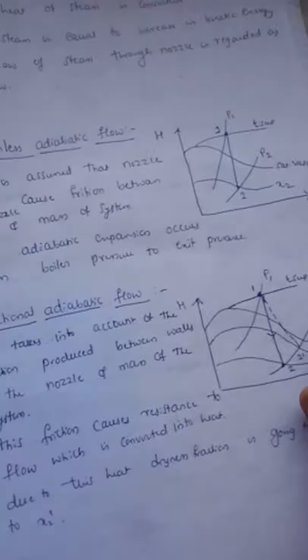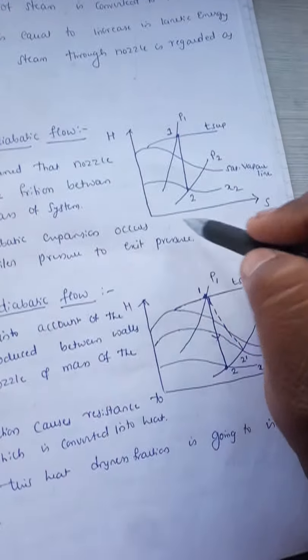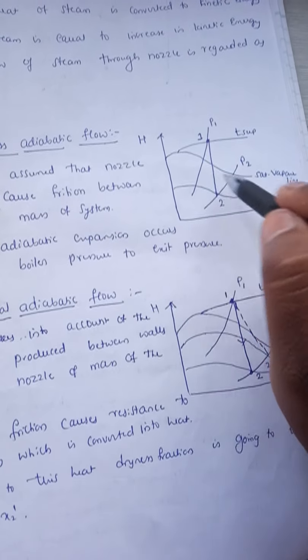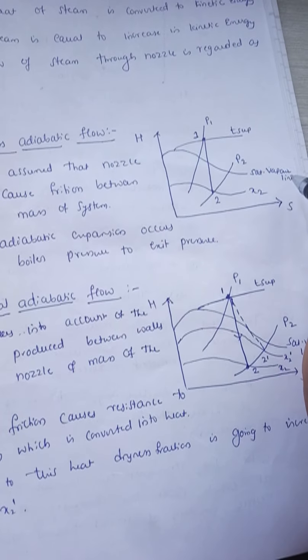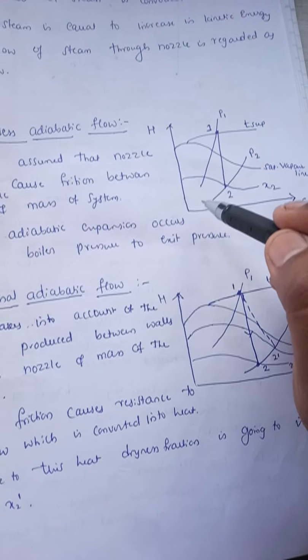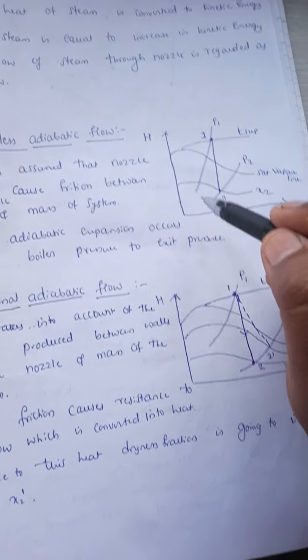So flow through the nozzles, we have frictionless adiabatic flow. Suppose this is an HS diagram, again it is a Mollier chart. We have pressure curves, P1, P2 like this, and the saturated line in the Mollier chart.